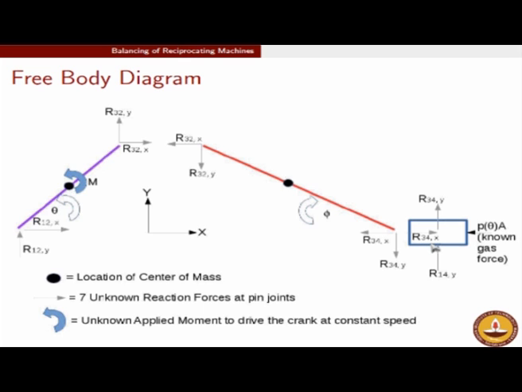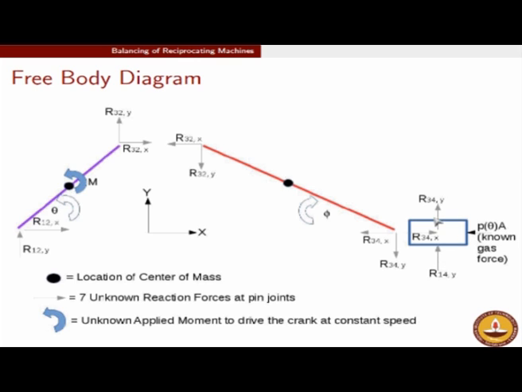So R34 denotes the force from 3, the connecting rod, to 4, the piston. When I say comma x, I mean along the direction of x. Similarly, comma y means along the direction of y.